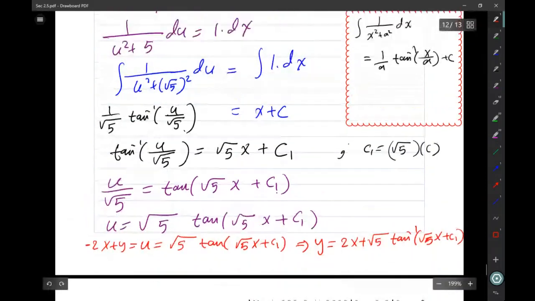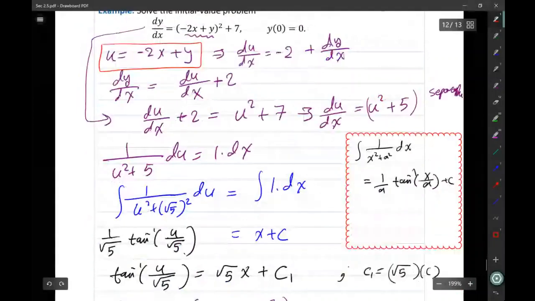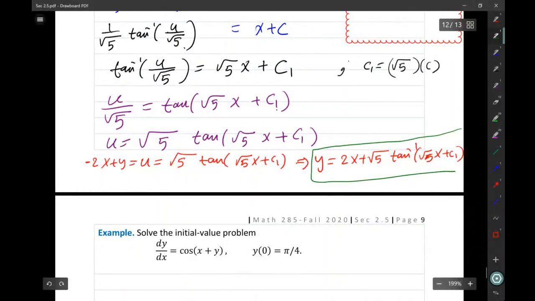Now you have to find the constant. The initial condition is y of 0 is equal 0. Here, this is the solution. Now, to find the constant, replace y by 0 and x by 0. y of 0 is equal 0 implies that 0 equals 2 times 0 plus square root of 5 tan of 0 plus c1.